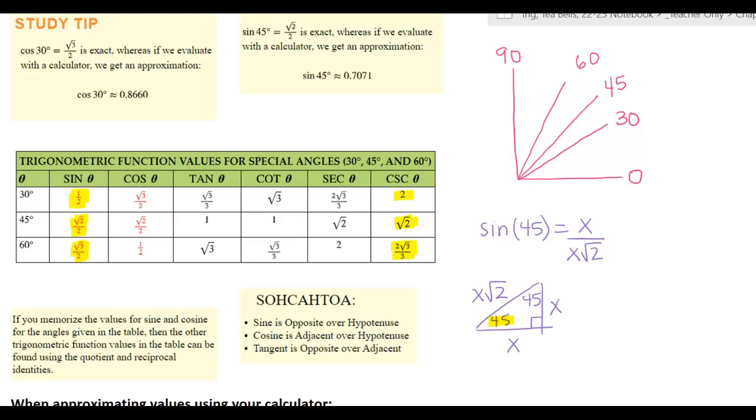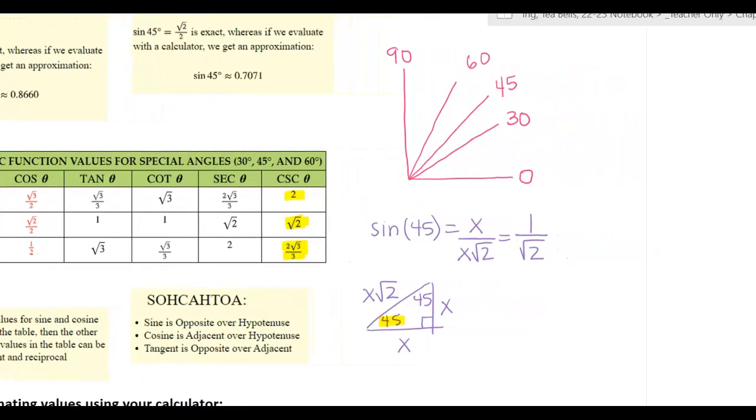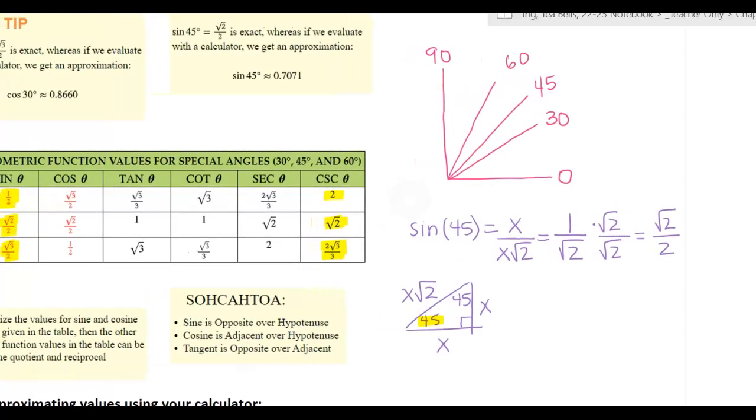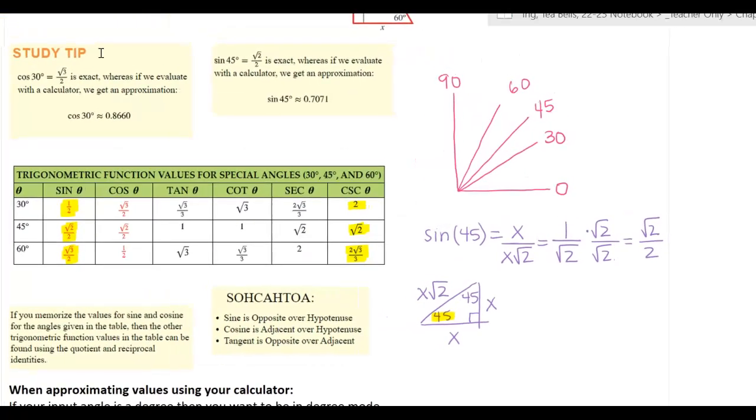We can simplify since we have x on the top and bottom. This becomes 1 over the square root of 2. We cannot leave radicals in the denominator, so we multiply the top and bottom by the square root of 2, which gives us the square root of 2 over 2, which is why the sine of 45 is the square root of 2 over 2.